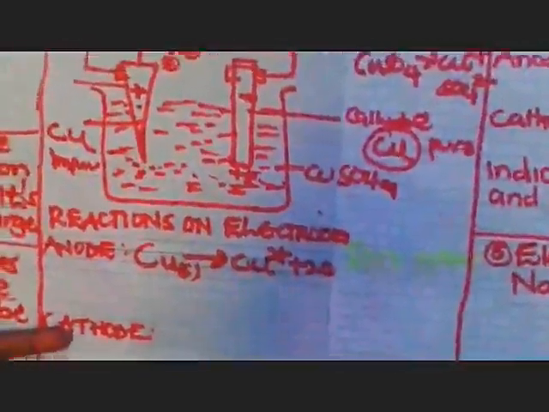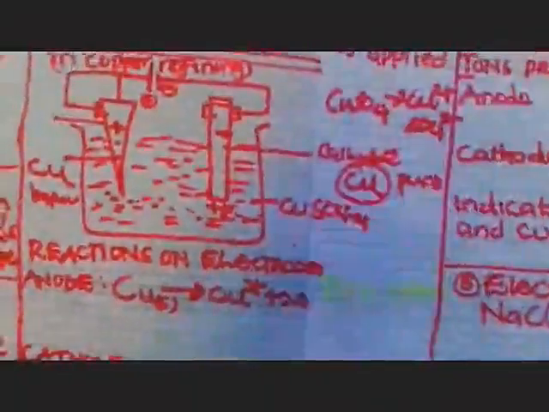Then at the cathode, remember the copper II sulfate is breaking down to form copper II ions plus sulfate ions. Don't forget that. Now our area of concern is the copper II ions. They are not competing with other ions, they are only positively charged.